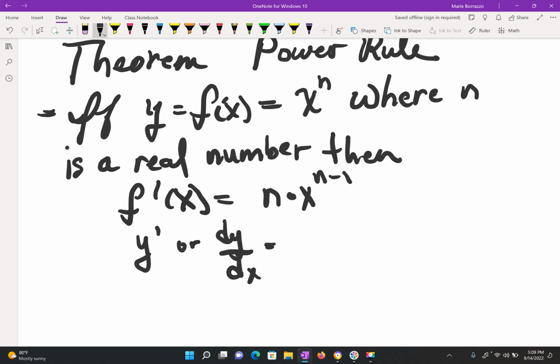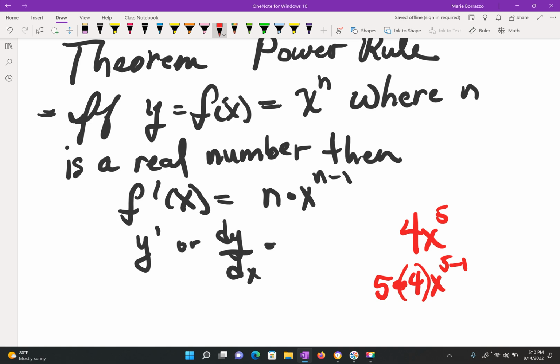So this was the example that I have given you in the past. Say I have 4x to the 5th, for example. Then what this indicates is that I'm going to multiply 5 times 4, and I'm going to then say x, and this will become 5 minus 1, with this being times, obviously.